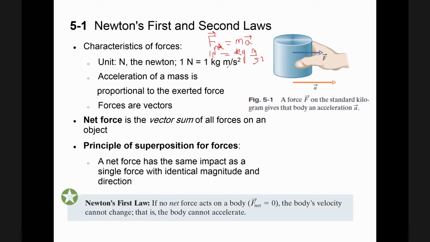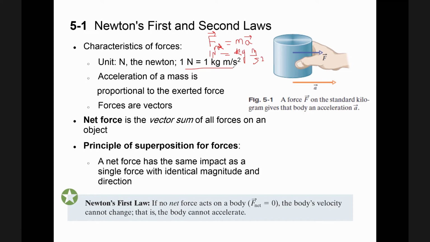It means now I can describe the force in Newton. 1 Newton equals moving an object of mass 1 kilogram with an acceleration of 1 meter per second squared. This is the definition of the force. The definition of 1 Newton, this unit of force, abbreviated as N, is moving an object with an acceleration of 1 meter per second squared when that object's mass is 1 kilogram.